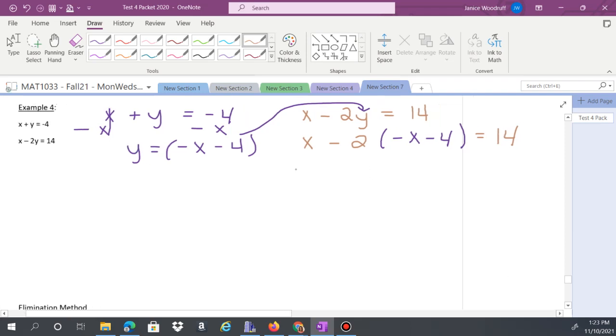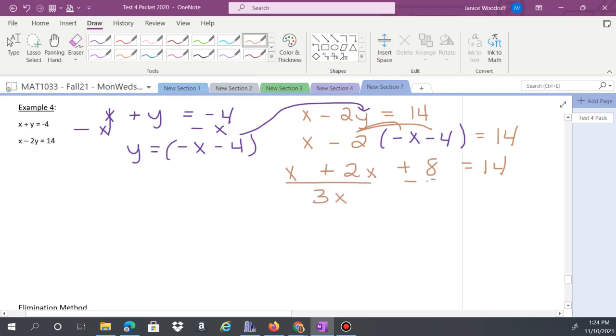So I have x. I'm going to distribute a negative 2. So negative 2 times negative x will give me a positive 2x. Negative 2 times negative 4 will give me a positive 8 equals 14. Then I'll combine my like terms, x plus 2x. That'll give me a 3x.